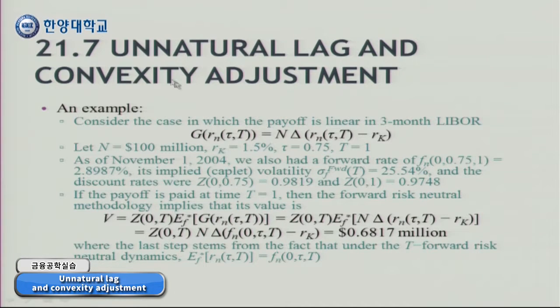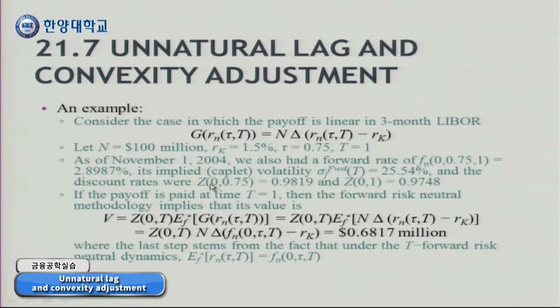The newspaper data says that forward rate is 2.8987%. Suppose you have a quant in your team, and the quant analyst says the volatility of this particular forward rate is around 26%. Then you have everything you need.